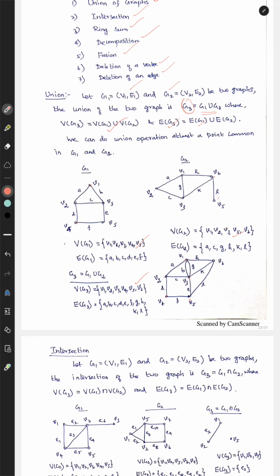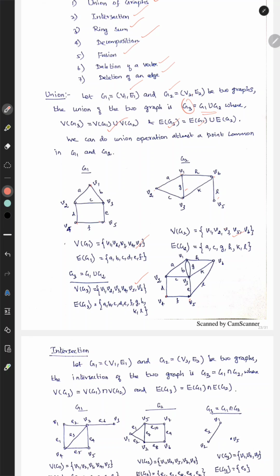Now if an edge is present between a pair of vertices in G1 or G2, that will be there in G1 union G2. So between V1 and V2 we have the edge A in G1, so that edge is there here. Now in G2 also the same edge is there, so there is only one edge between V1 and V2.